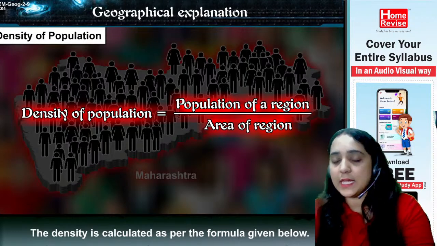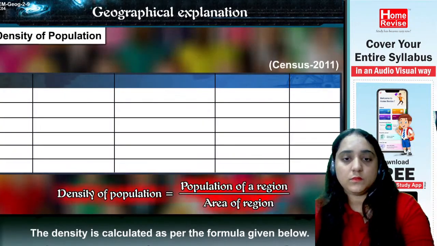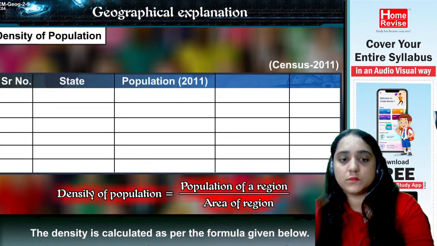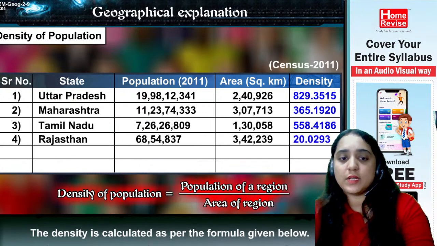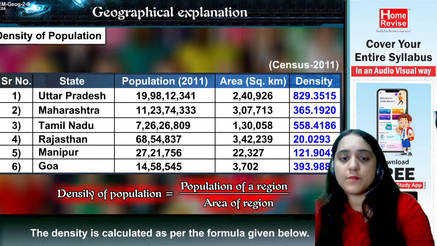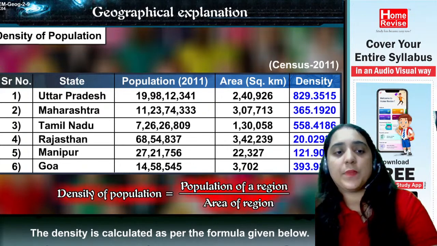Okay, complete the table. Here we have states, the population in 2011, the area and the density. Let's see.